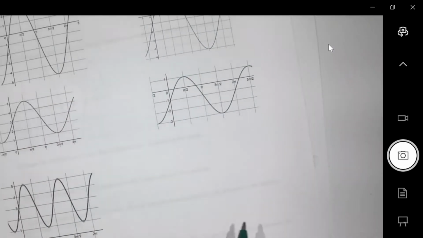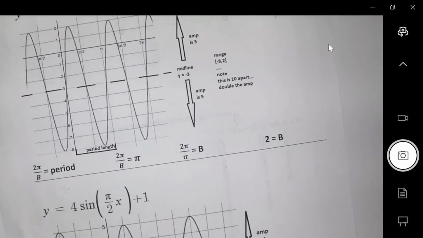So if b is 1, your period is 2 pi, right? Which makes sense because that's a full circle. This language and this language are different, right? This is radian language, this is degree language. So sometimes we have to just look and say, are we talking in radians? Are we talking in degrees?